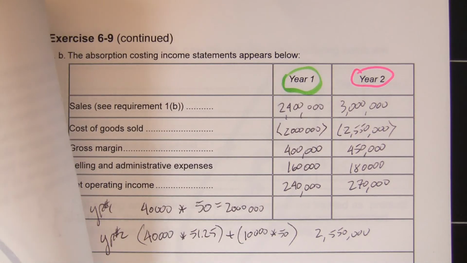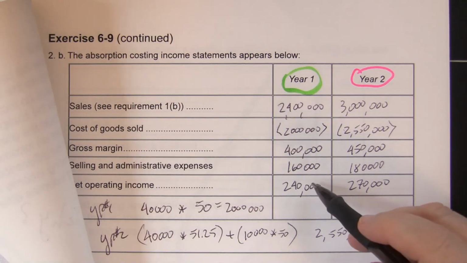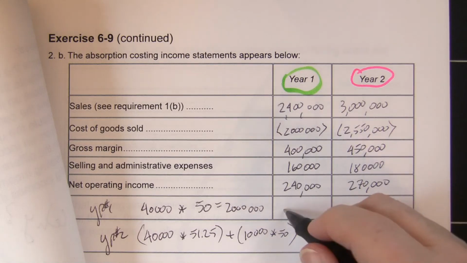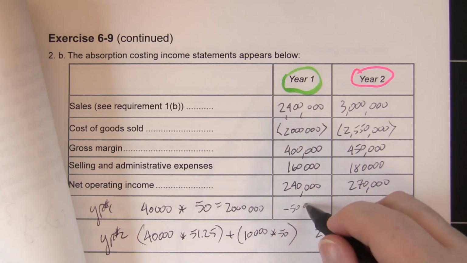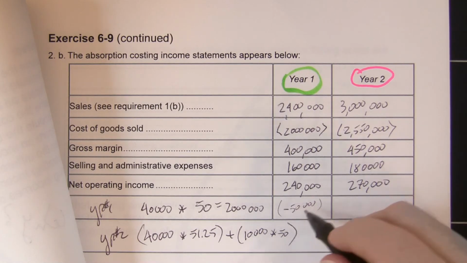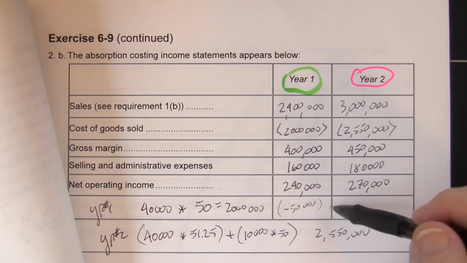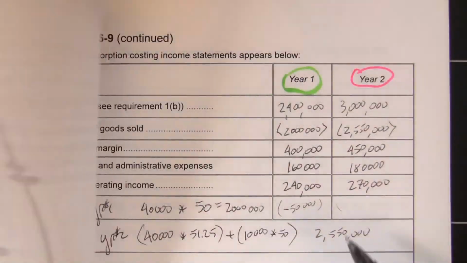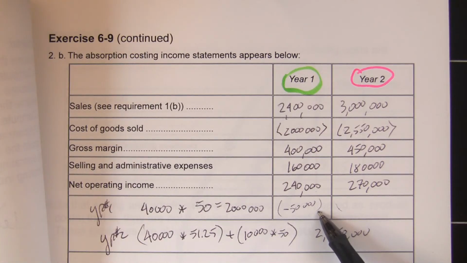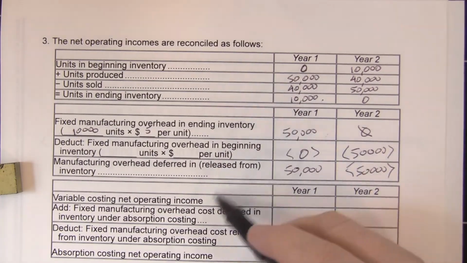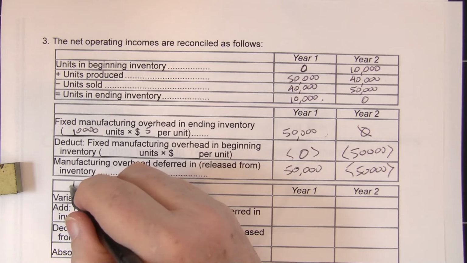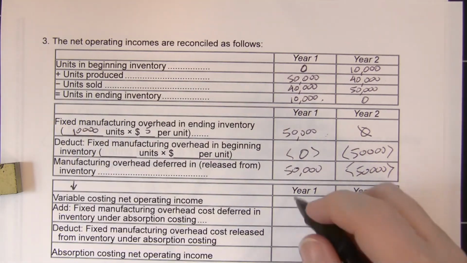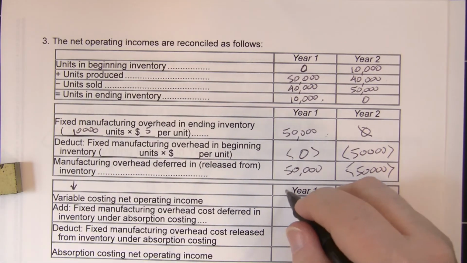Net operating income, 240 minus the 50, because we're going to adjust it for variable costing. So we have to subtract out that 50 to make it variable costing. Get rid of the fixed portion. So that's 190.